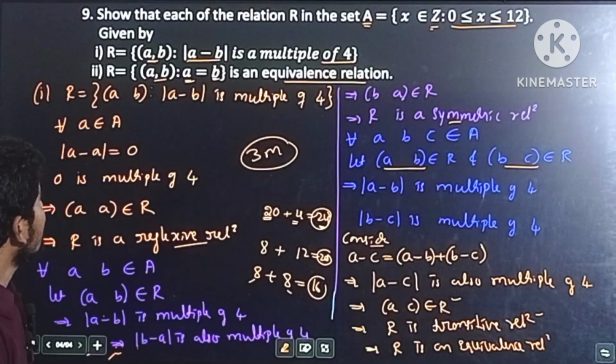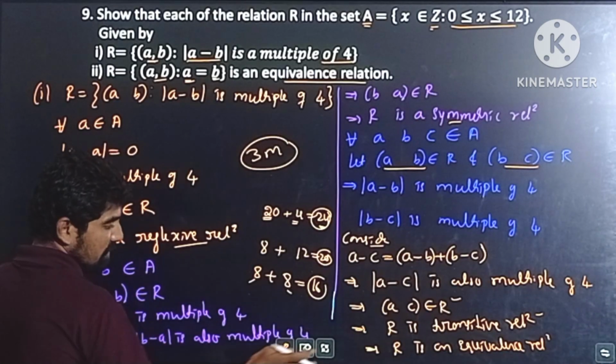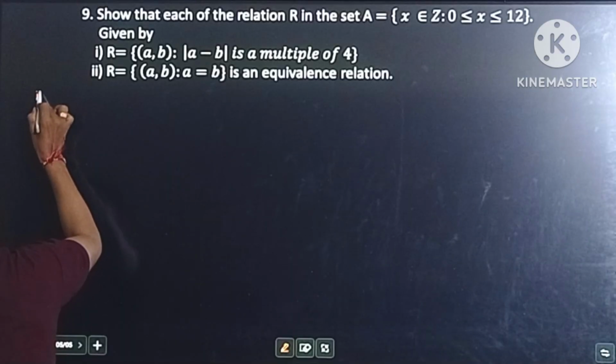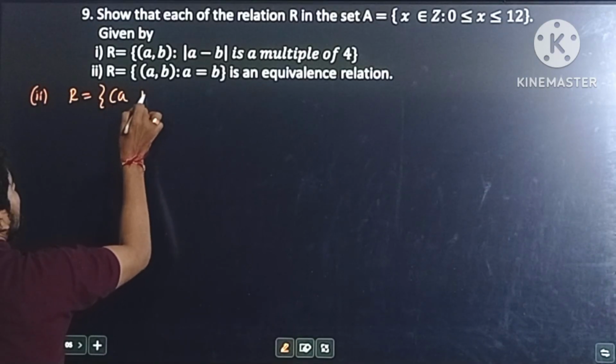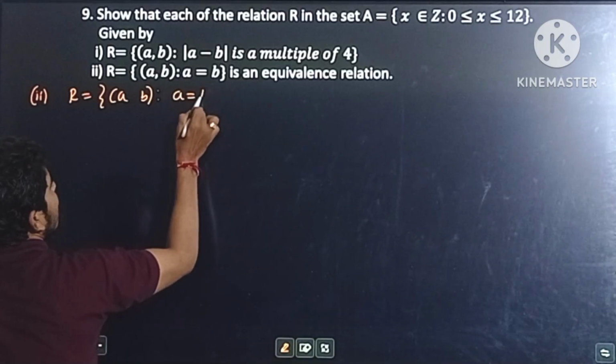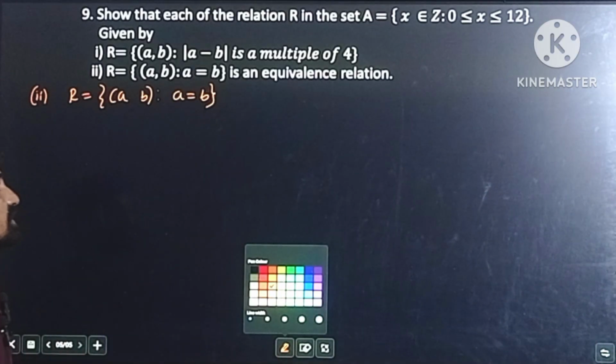Now in this question only he has given the second question, and for the second one, see here. Here the second relation on the set A is R equals AB, where A is equal to B. So first and second elements are equal to each other, and we need to prove that this relation is an equivalence relation.